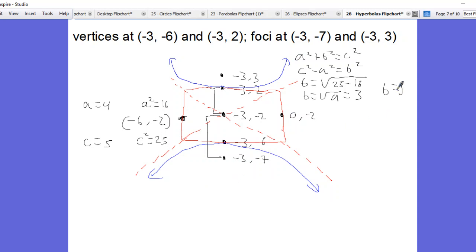So if b is 3, a is 4, our center is -3, -2, and we have a vertical orientation, we will have y plus 2 squared, center is -2, over a squared, which is 16, minus x plus 3 squared, center is -3, the x coordinate, over b squared, which is 9, is equal to 1. That's our hyperbola equation.